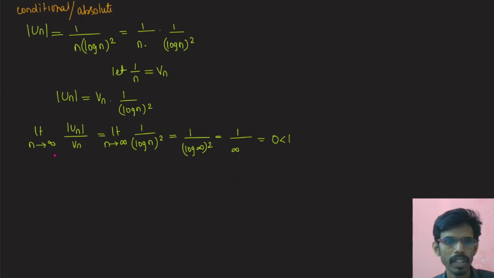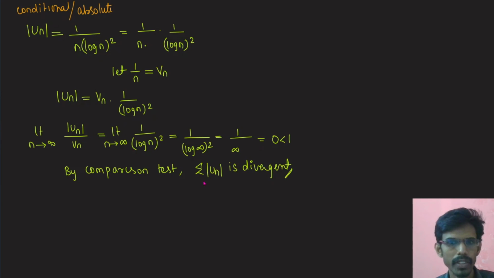So whenever we get the limit n tends to infinite of the ratio as less than 1, by comparison test this sigma mod un is divergent.